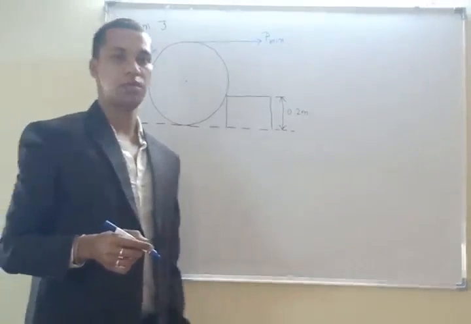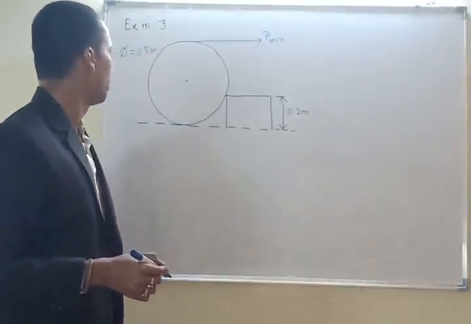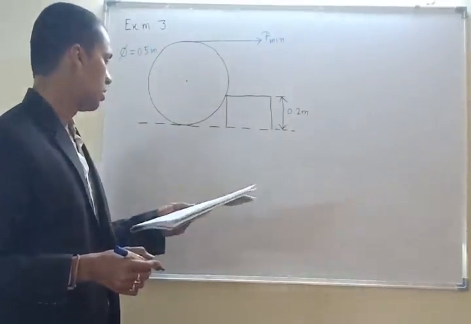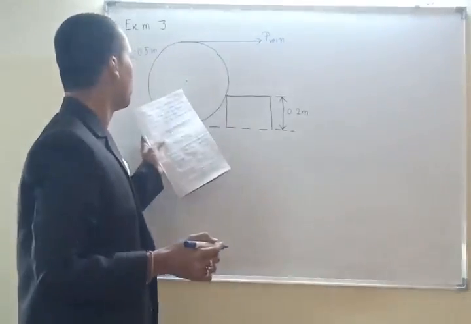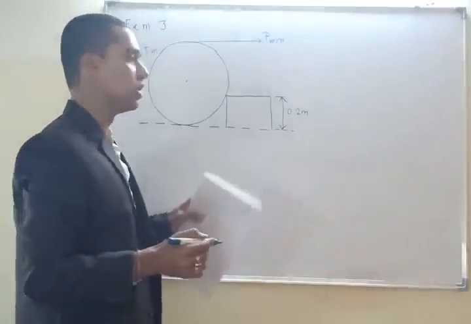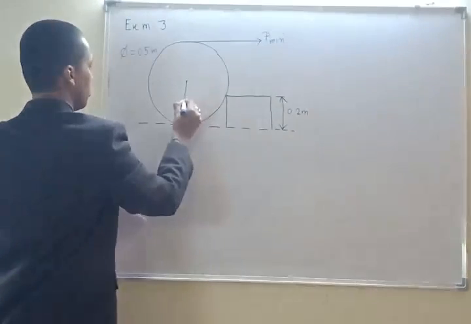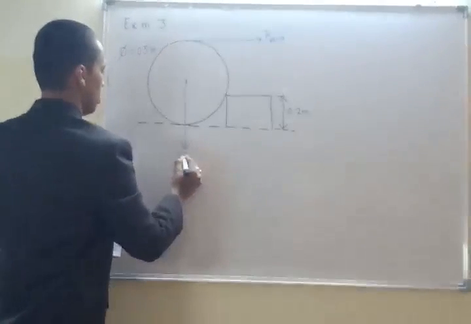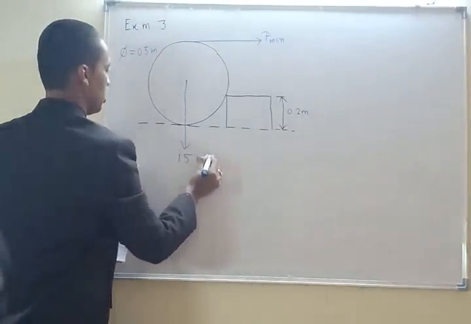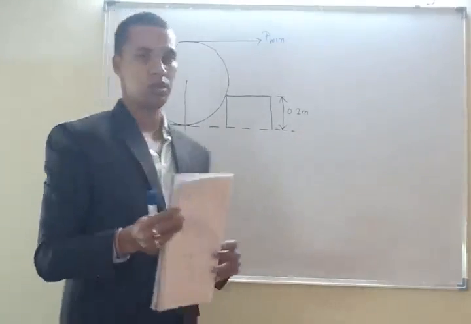Okay. Now he has given another thing: the weight of this wheel is 1.5 kilonewton. Okay.